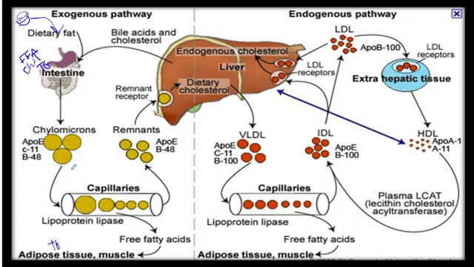And there's a lot of steps in here. In this intestinal cell, basically the free fatty acids combine with the glycerol to form the triglyceride, right? So that's how we get the triglyceride there. And then cholesterol is in the form of cholesterol esters. That is what it's going to be turned into. And then it's esterified by acyl coenzyme A cholesterol acyltransferase, called ACAT for short, and that helps form these cholesterol esters.